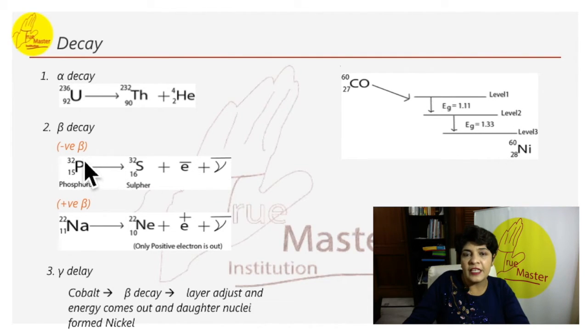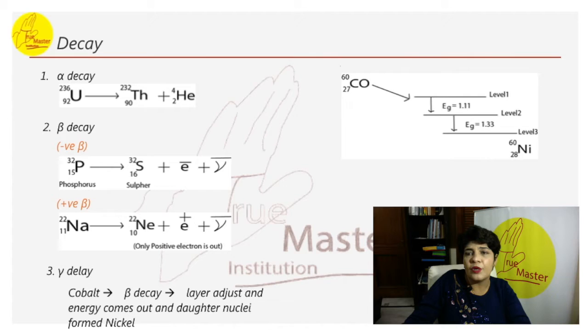The rays which have come out are beta, so that is why it is called beta decay. Similarly, Na will break down into Ne plus a positive electron and a neutrino. Because it is a positive electron, it will be called positive beta.